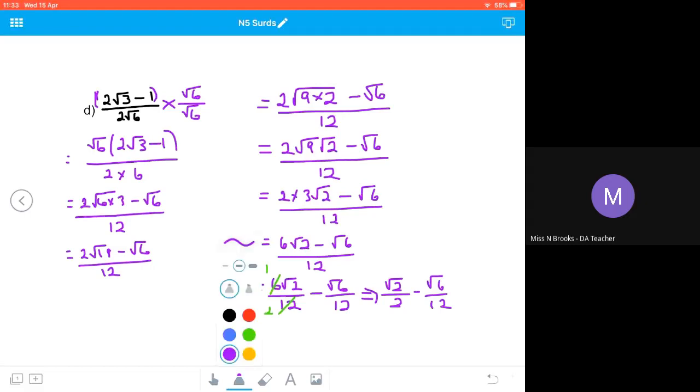But as I said, 6 root 2 take away root 6, divided by 12 is a perfectly valid answer for simplifying fully.